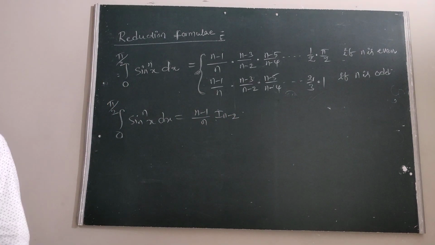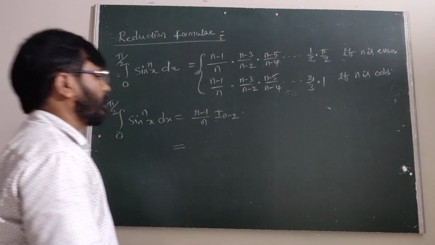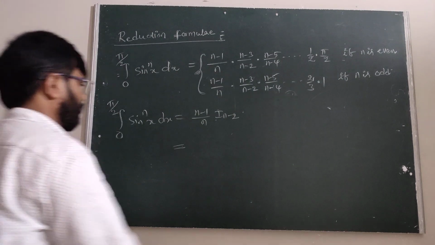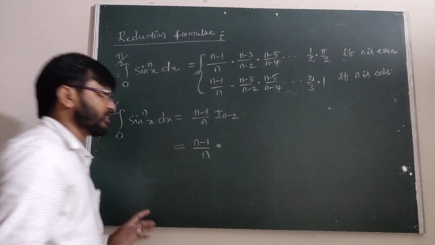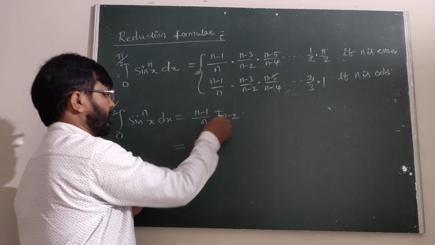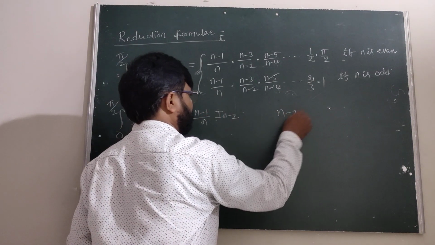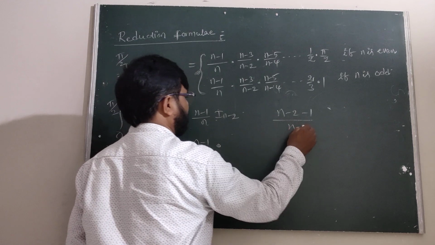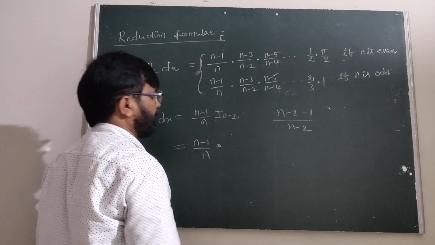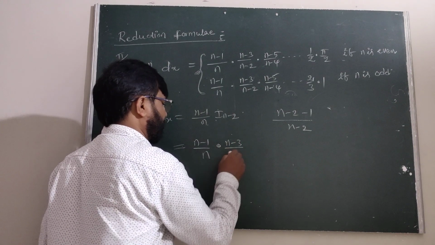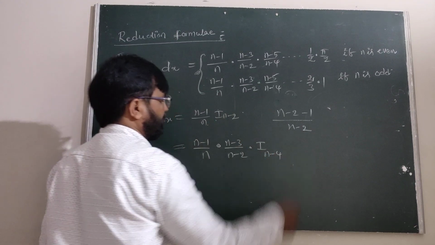Therefore instead of n we can substitute n minus 2, and it becomes n minus 3 by n minus 2 into I n minus 4.